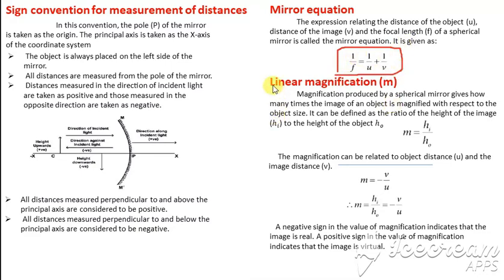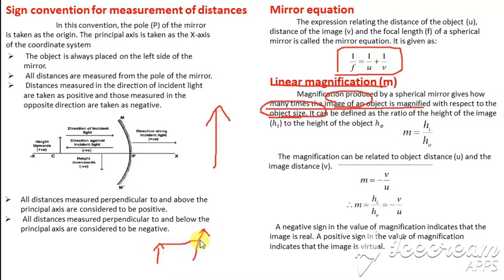Okay. So next we have the lateral magnification. What is meant by magnification is how many times the image of an object is magnified with respect to the object size. So when we compare the object size, how is the size of the image? Suppose this is an image and this is an object, so how is it?